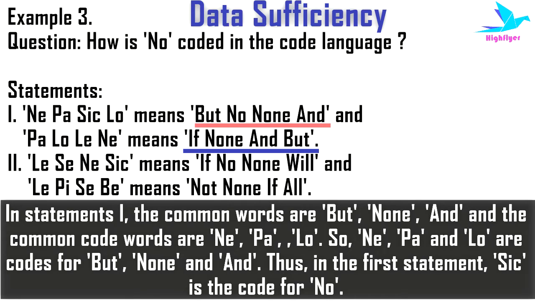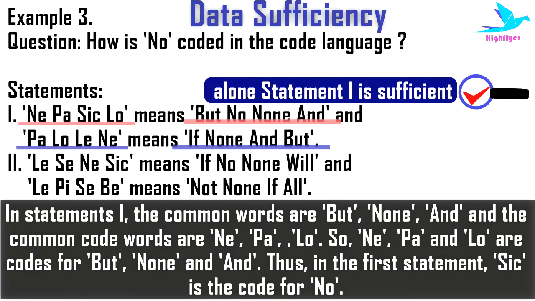In the first phrase it is no, and in the second phrase it is if, and all the other words in the phrases are the same. So if we pick out all the common words in the two phrases, then in the first phrase the word which is left over is no, and here no is represented by the code Sik.